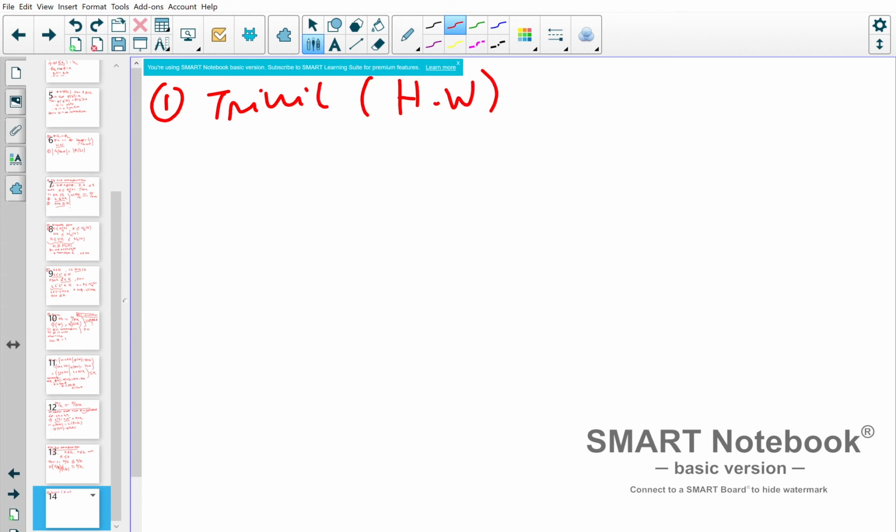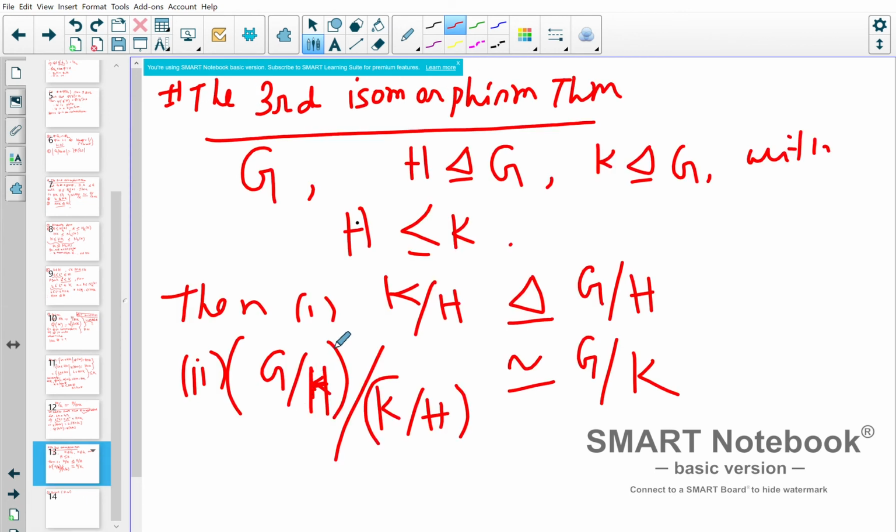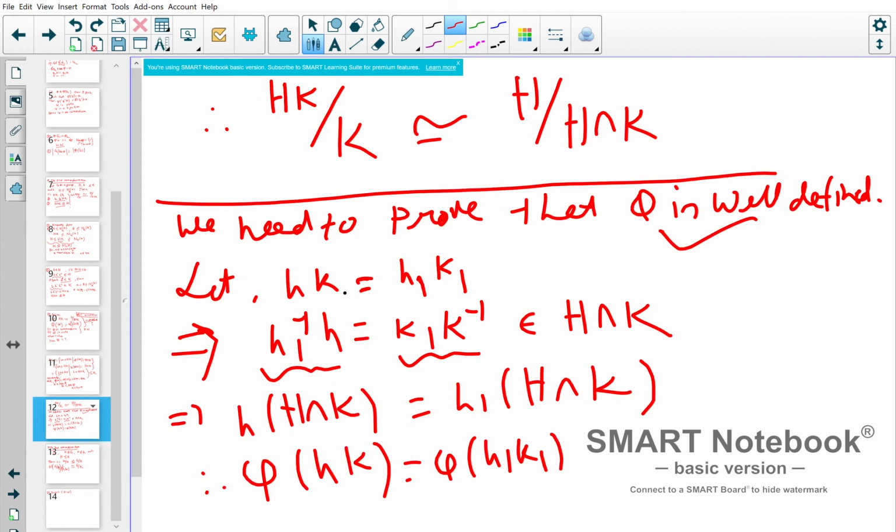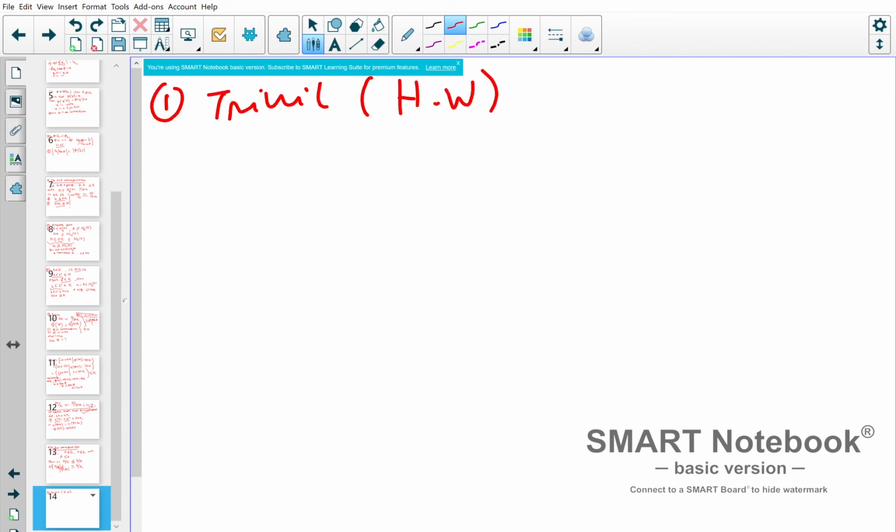Okay, and now for proving two, I will define a homomorphism from here to here and then I will use the first isomorphism theorem. Similarly here also I will use the first.